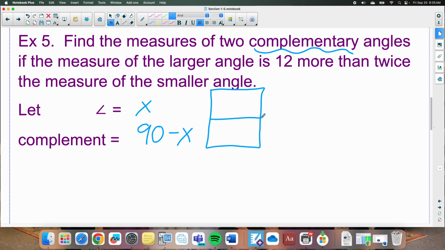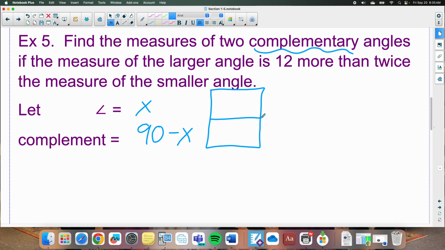If the measure of the larger angle is, now we don't know which one is the larger, and it doesn't matter which one is the larger, but do you guys agree is means equals? So we're gonna take one of these, set it off to the side, and put equals.